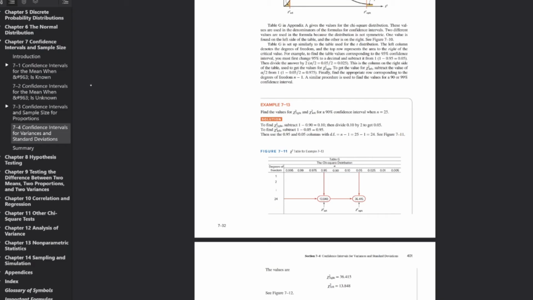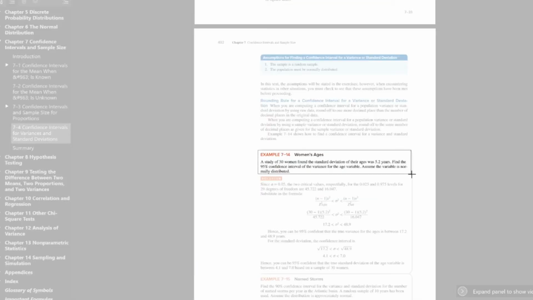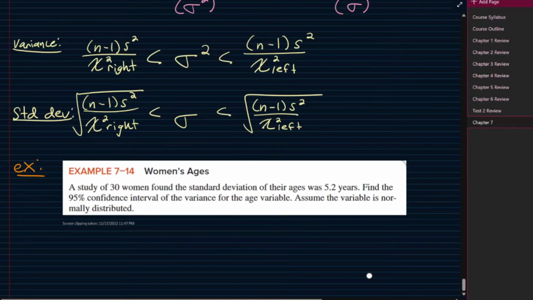This question says, a study of 30 women found the standard deviation of their ages was 5.2 years. Find the 95% confidence interval with the variance for the age variable. Assume the variable is normally distributed.